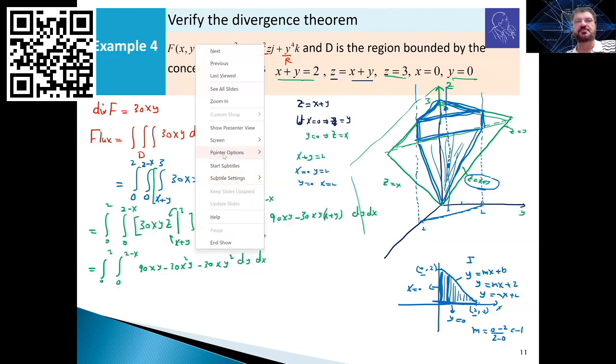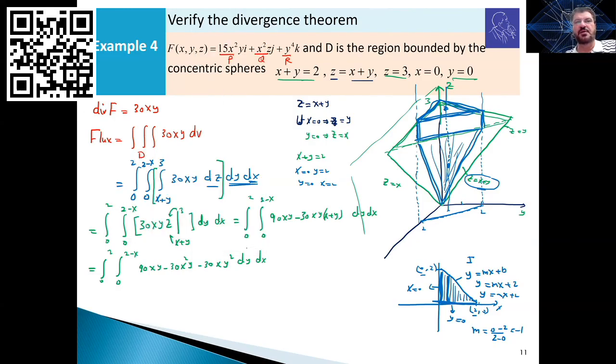Now we are going to integrate this one from the inside. So this is equal to the integration from 0 to 2. We integrate with respect to y. What's this? This is 9y squared over 2. So this will give me 45xy squared, minus 15x squared y squared, and this one, y cubed over 3, and there is 30, so minus 10xy cubed, from 0 to 2 minus x, dx.